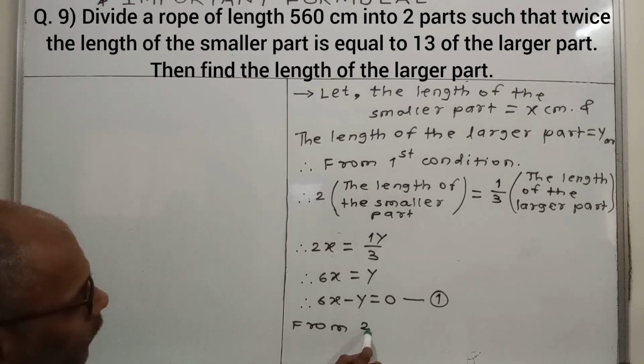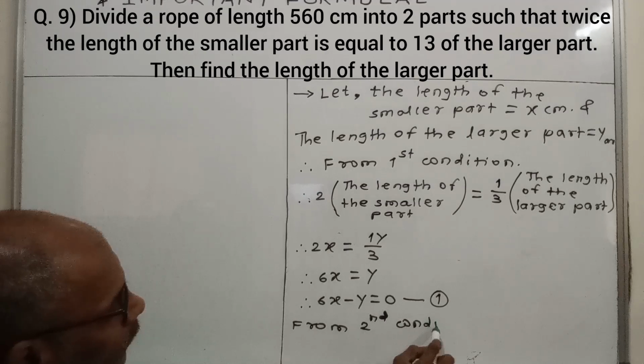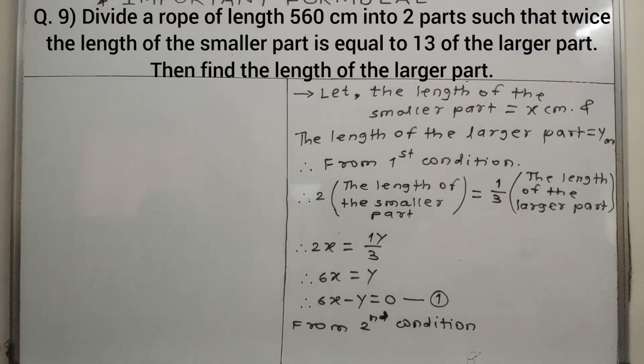From the second condition. What is the second condition? Divide a rope of length 560 centimeter into two parts, means total length of the rope is 560 centimeter, and there are two parts, smaller part plus larger part.